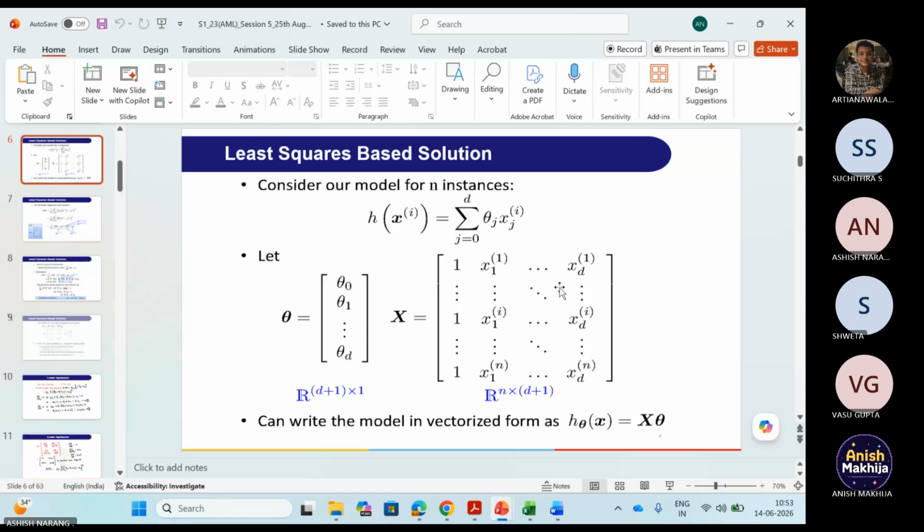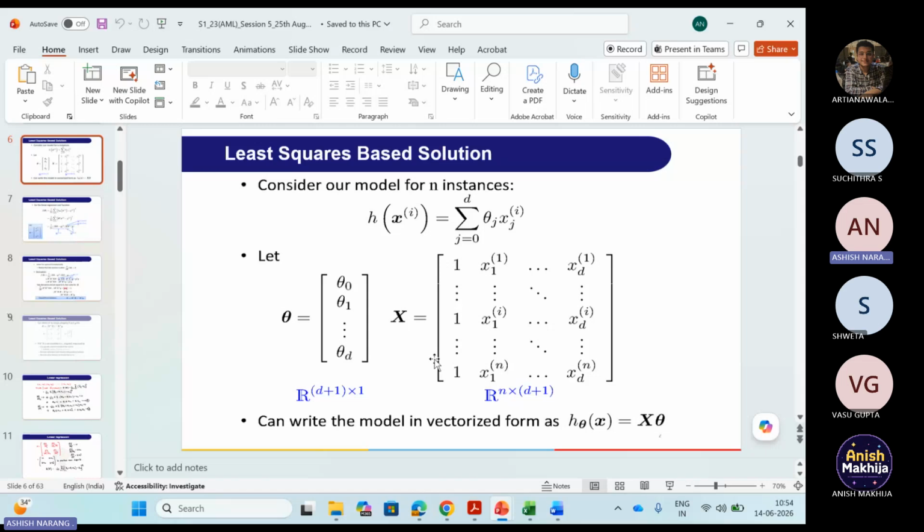Yes, sir. So this is how I represent it, in the form of a matrix. This is how it is written, h theta x, basically the predictions. Now from the data set, we have to learn these parameters, which are the weights of each of the features, correct?